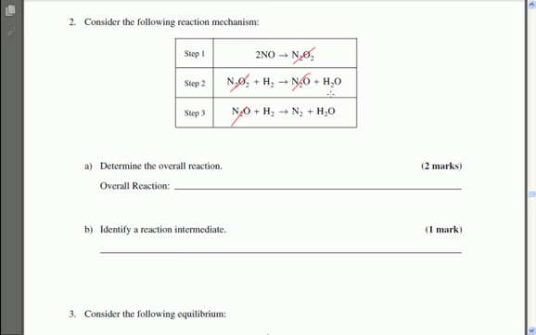And H2 are on the same side, and H2 are on the same side. So determine the overall reaction. So what is left over is 2NO plus 2H2, and this makes N2 plus 2H2O.